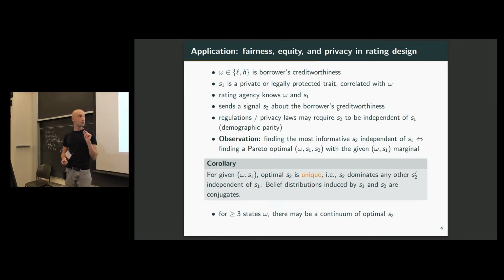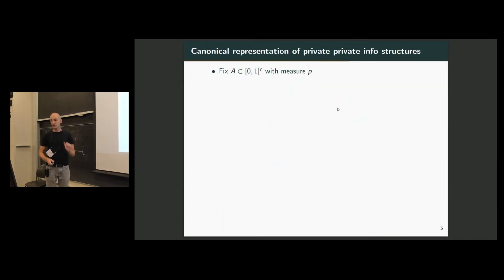OK, now I want to talk a little bit about the ideas behind these results. And I think it's the most rock and roll part of this paper. First of all, these results rely on a certain canonical representation of private information structures. So let's take a set A, a subset of the n-dimensional unit cube with measure p.